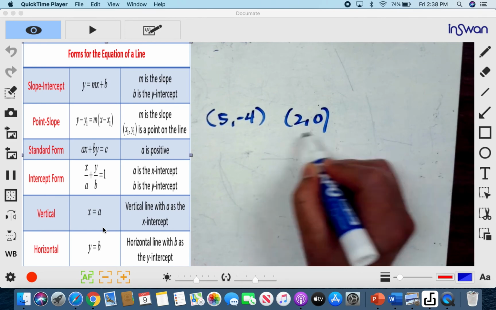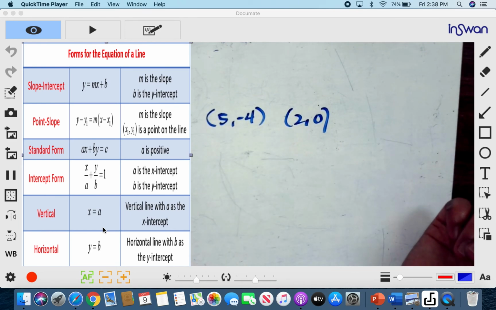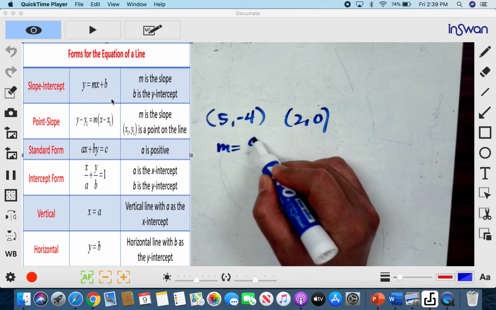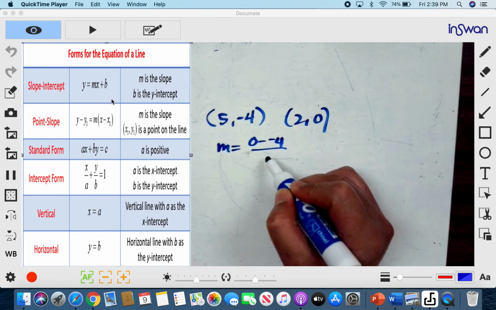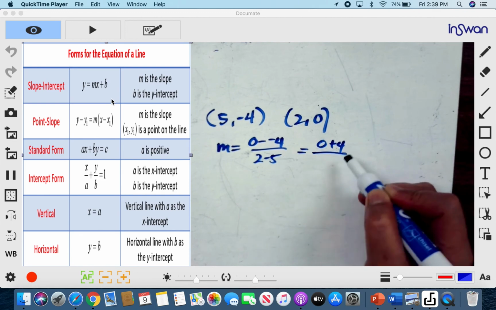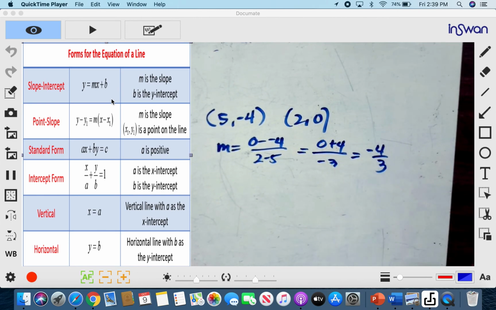I have here an x-intercept, but this is not an x-intercept, so I cannot use the intercept form. I can only use the point slope form. So we need to find the slope. That's 0 minus negative 4 over 2 minus 5. So you have 0 plus 4 over negative 3. It's negative 4 over 3 is the slope.